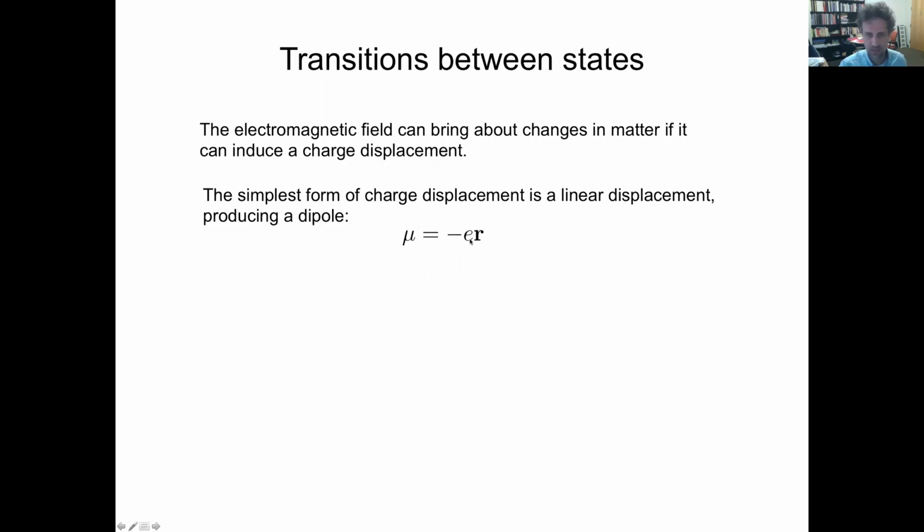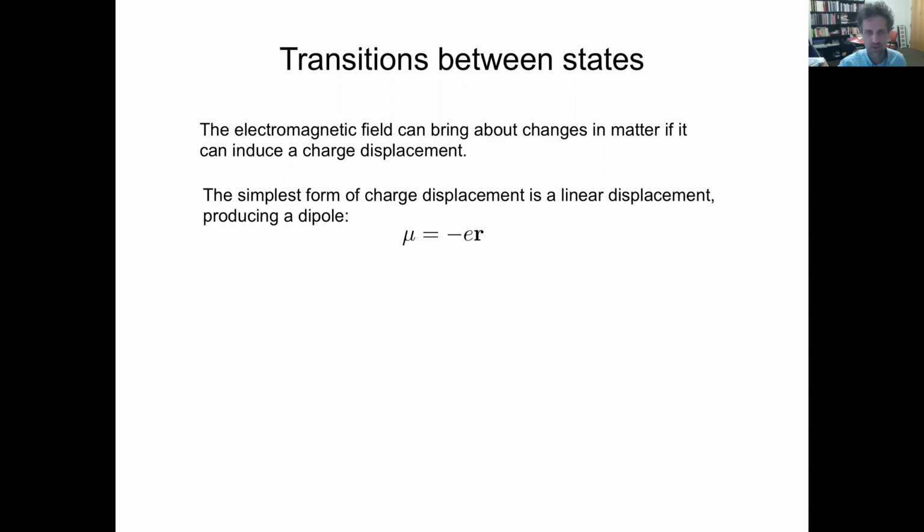The atom has, of course, charges. The nucleus is charged, the electrons are charged, and since the photon is electromagnetic radiation, an electromagnetic field, it will move those charges along. Now, this dipole here, this mu means dipole, will tell me how successful the radiation was in moving the charges.